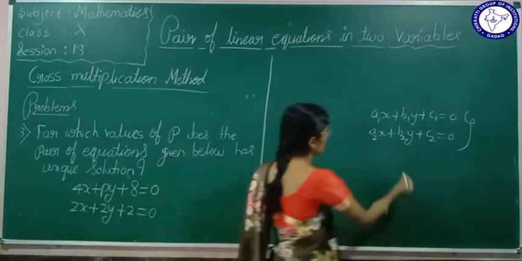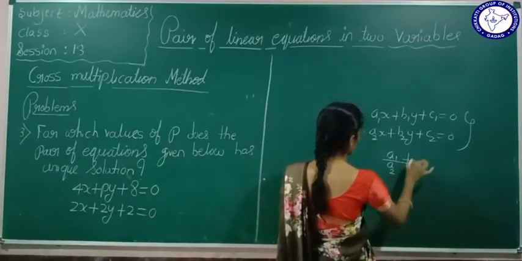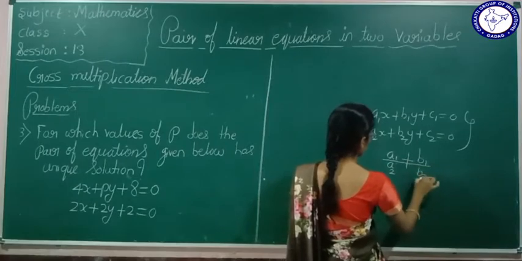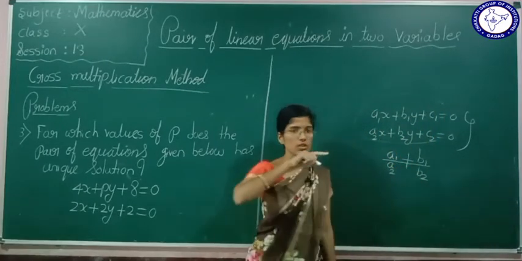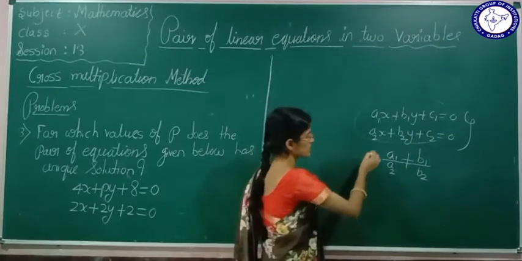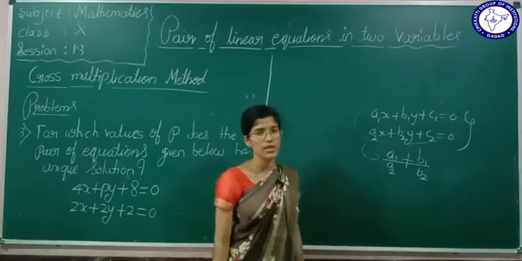That is, a1 by a2 is not equal to b1 by b2.